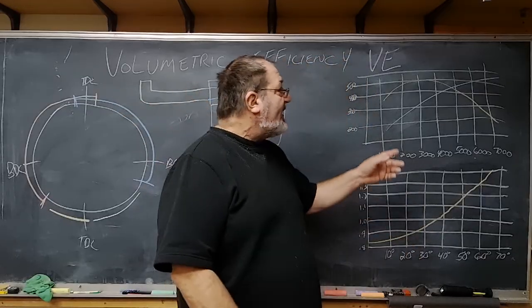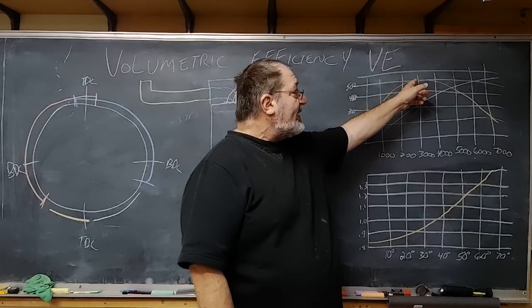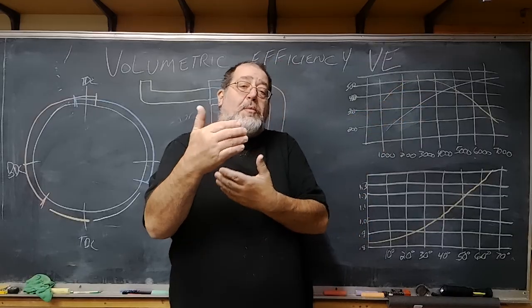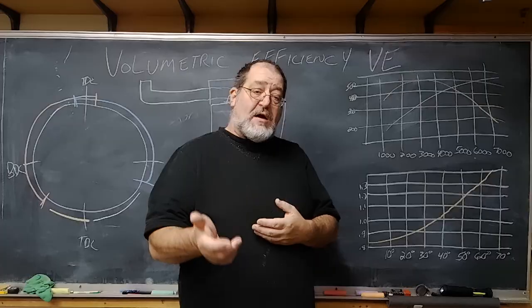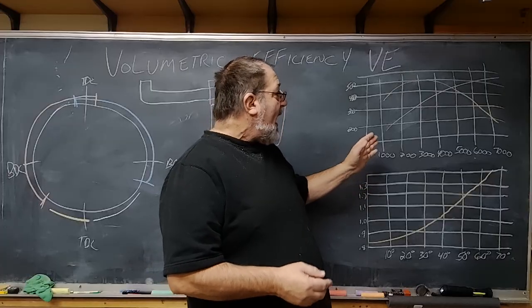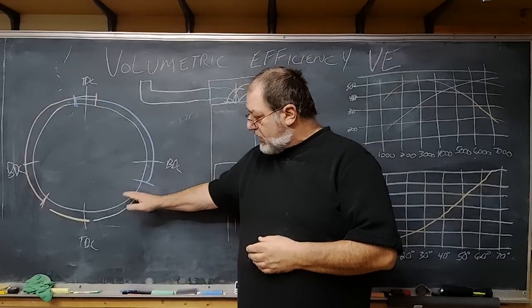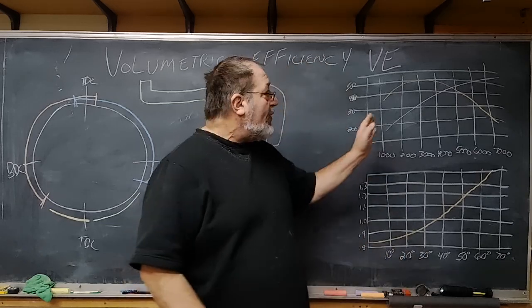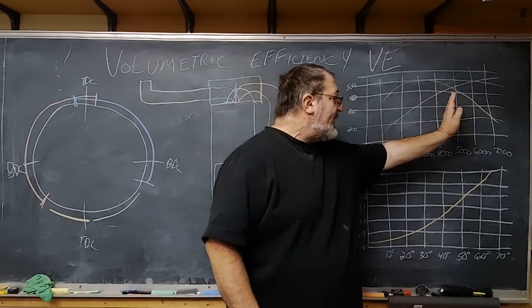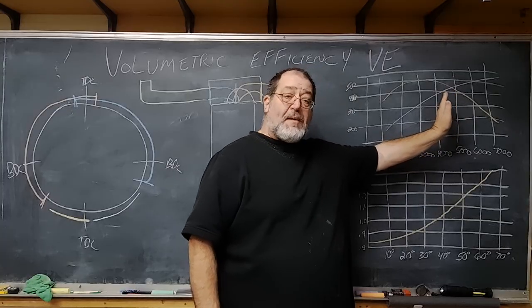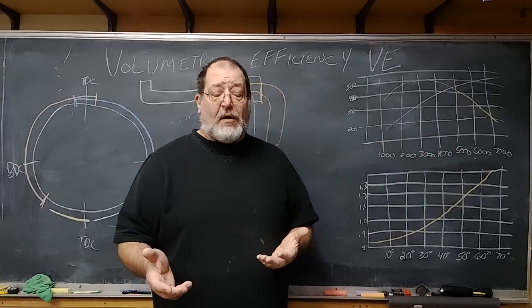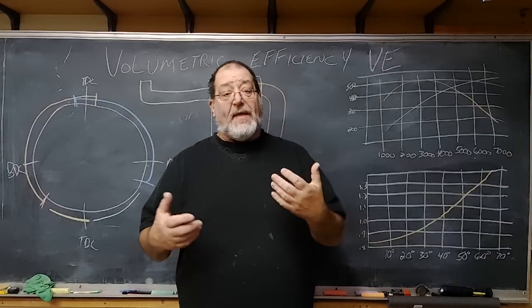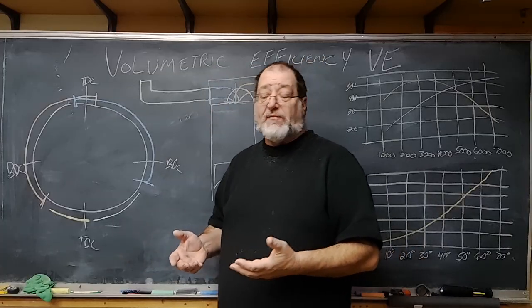The reason it doesn't happen till peak is because you need the RPM to gain the airspeed. So as you push this down, you gain volumetric efficiency, but you have to gain airspeed by going up in RPM. And that's if you do nothing else in the engine. That's how it's going to behave.